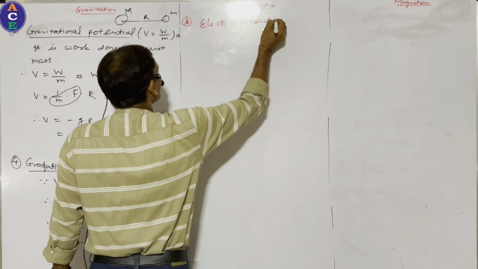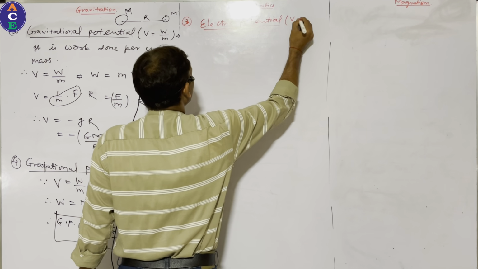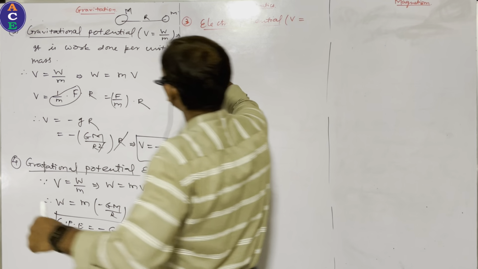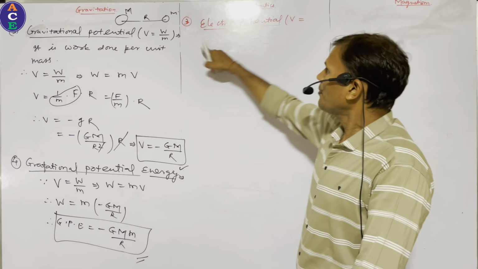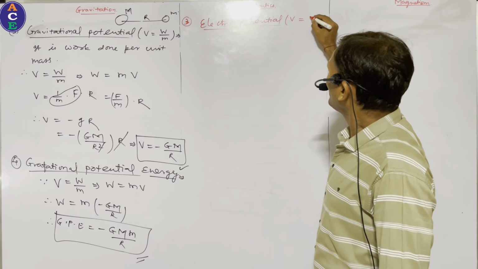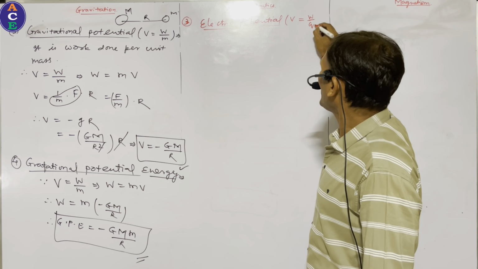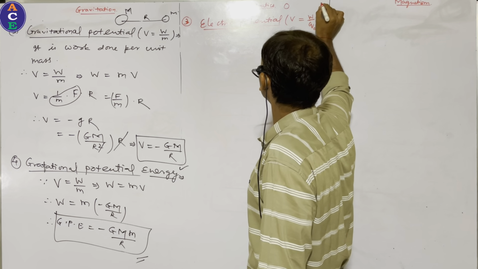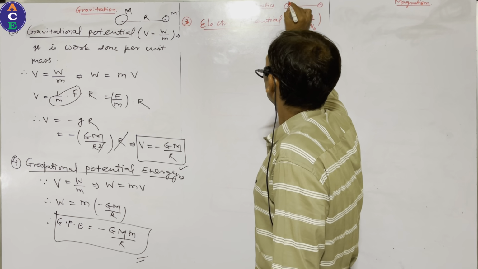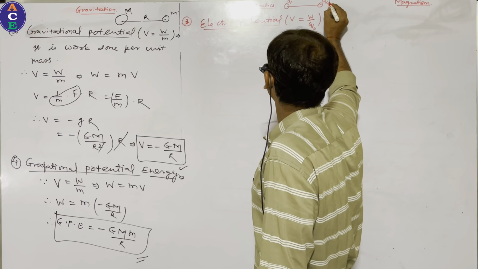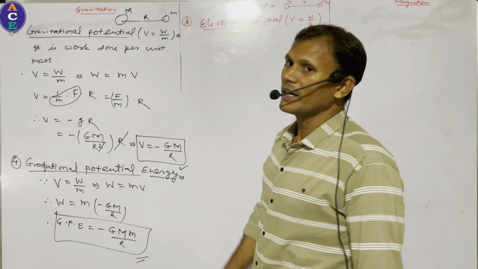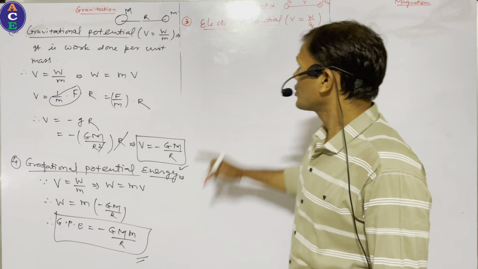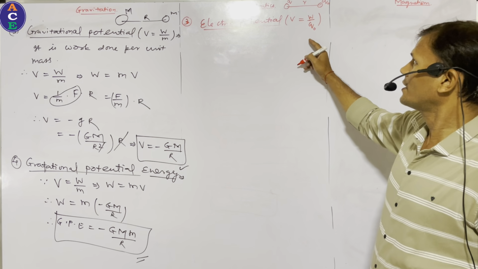What is the electric potential? Again it is represented by V. यहाँ work done per unit mass था, यहाँ पे क्या आएगा? It is work done per unit charge. Why? Because हमने यहाँ पे बताया कि charges are separated. One is Q, another is Q naught, and they are separated by a distance R. So on behalf of that we will take this one.